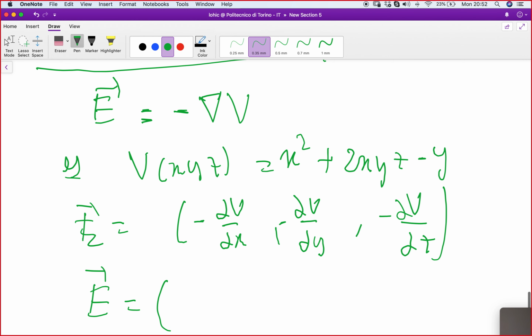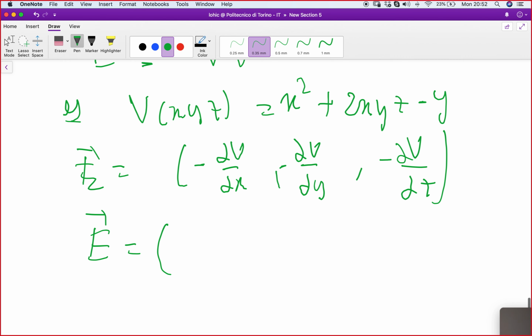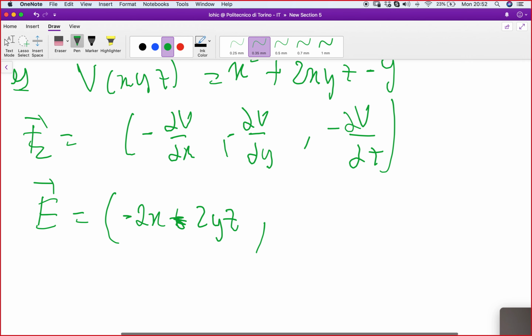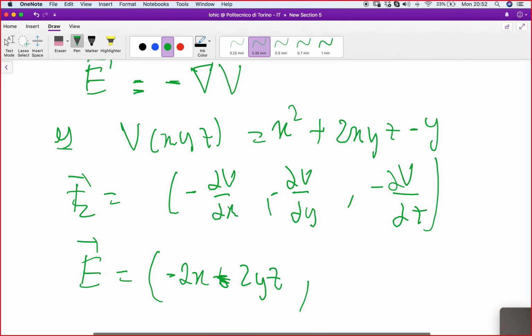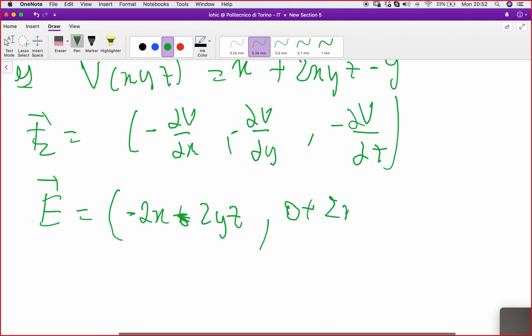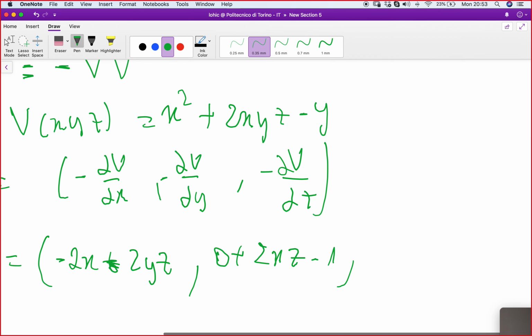The derivative of V with respect to x will be 2x plus 2yz, the derivative with respect to y will be 0 plus 2xz minus 1, and the derivative with respect to z will just be 2xy.